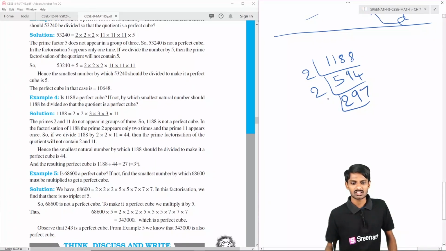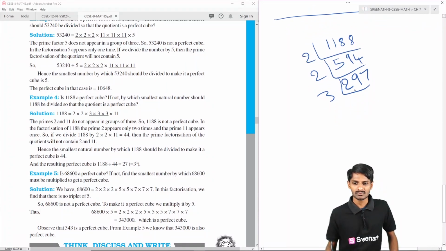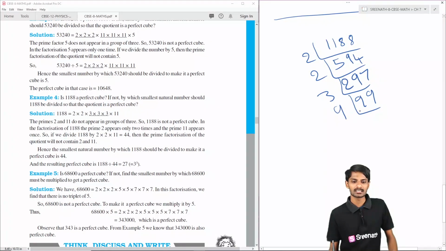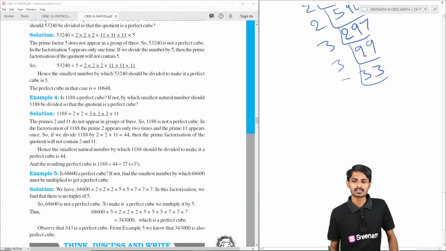That's it. Next, it goes in the 3 table. 9 threes are 27, there is 2 again, 27, 99. For 99 we can use 3, we can write it as 33, and again we can use 3 and 11.